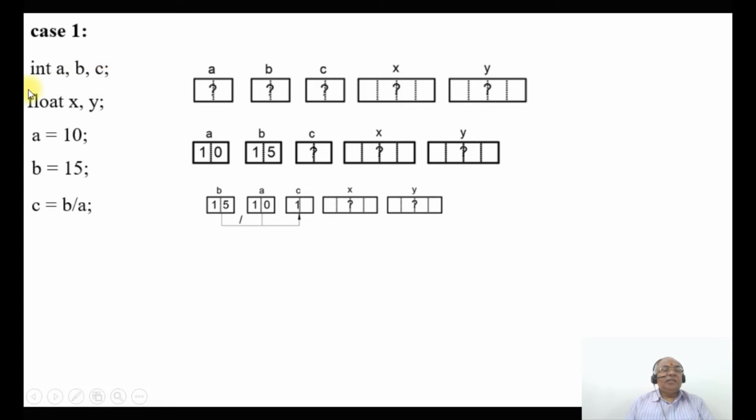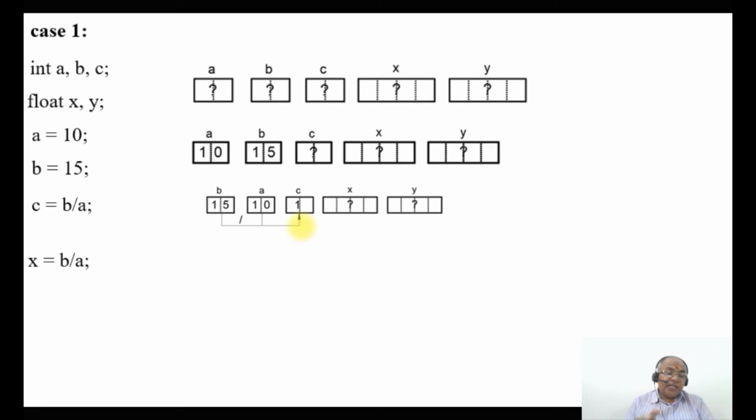Because c is an integer, a is also an integer, b is also an integer. Integer by integer always results in an integer value. Integer means the value without a decimal point. So even though the result is 1.5, you will not get 1.5; instead, you will get 1. That is what we have shown in the memory location here also. Then x is equal to b by a.